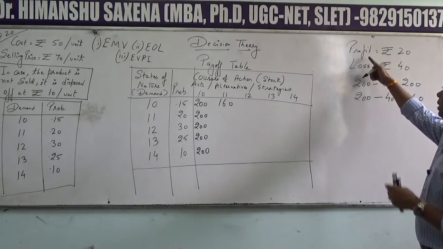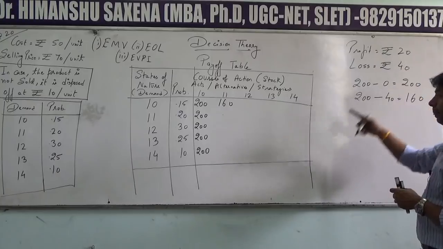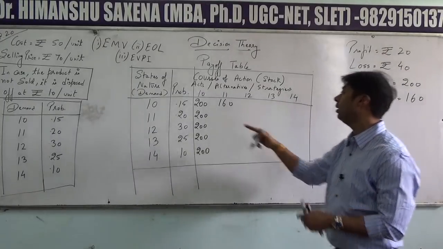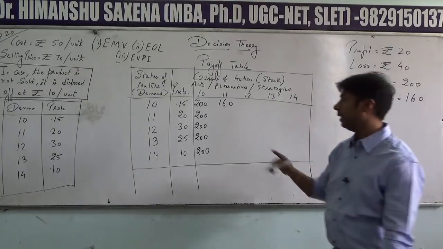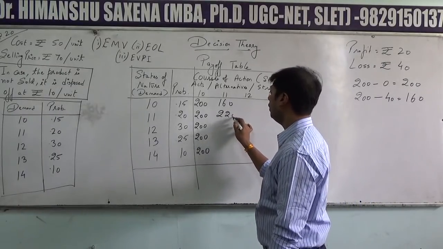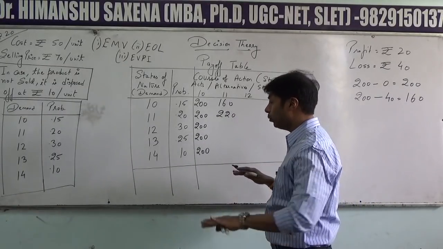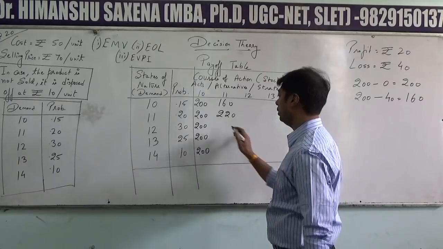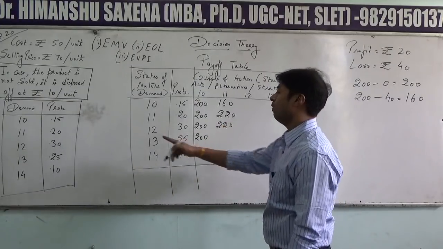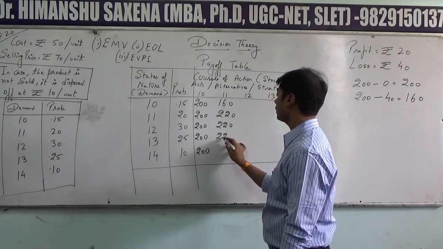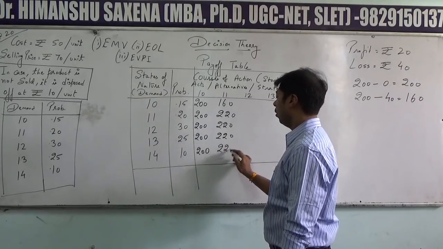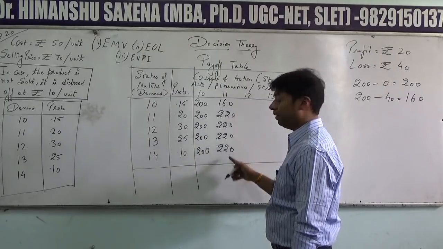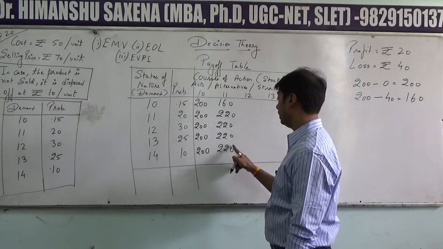A single unit is giving you a profit of 20. If 11 units are sold, 11 multiplied by 20 will give you a profit of 220. Since no unit is left, there will be no loss, and simultaneously whether the demand is 12, 13 or 14, the profit will be equal to 220 in each case.